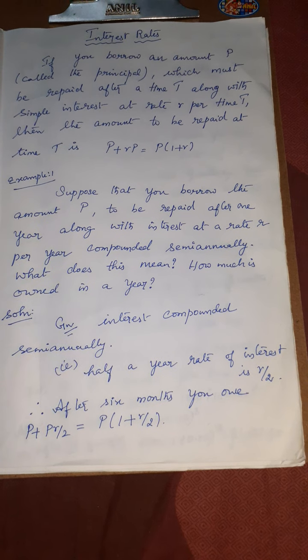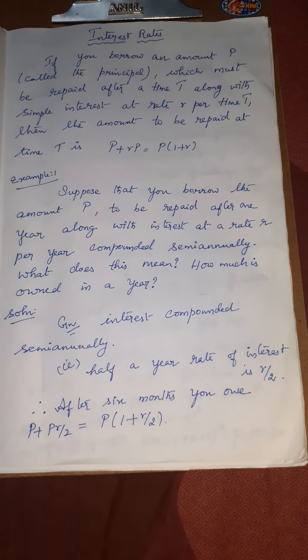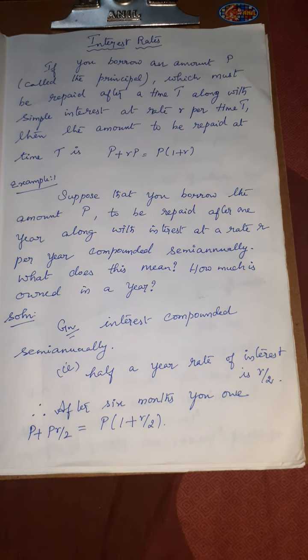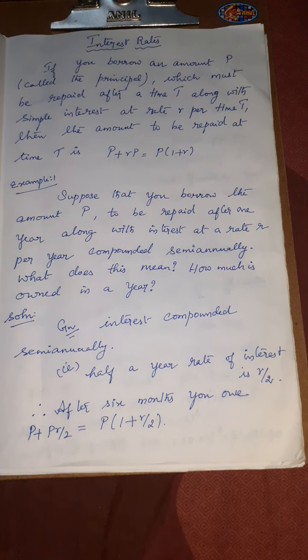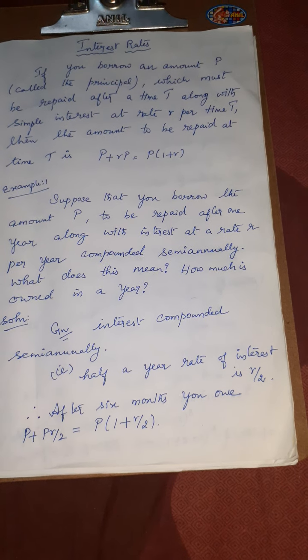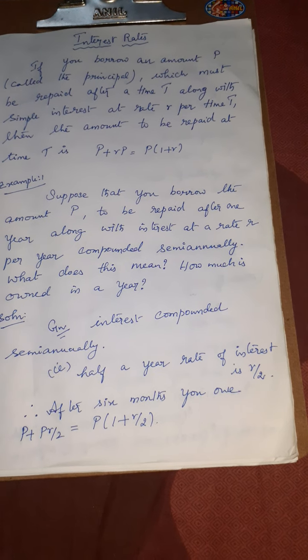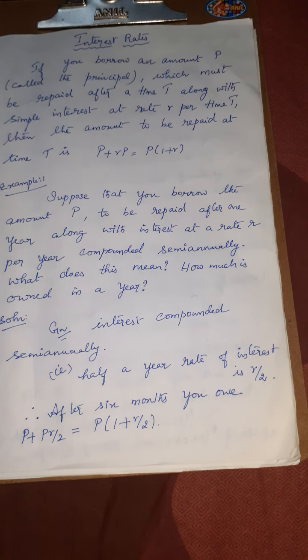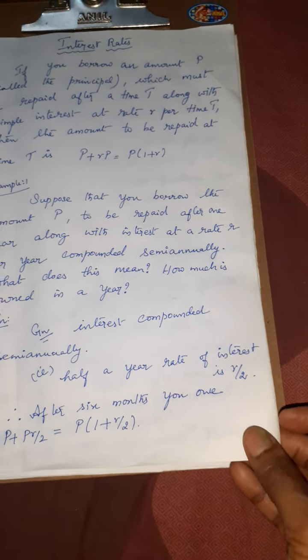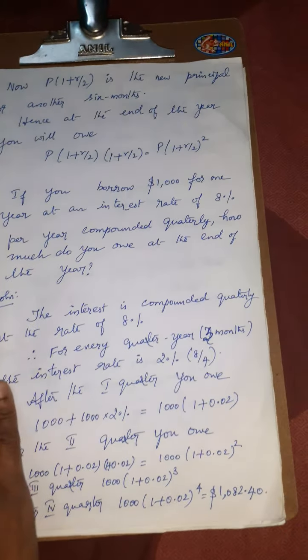After 6 months, the amount which we are going to pay is the principal amount P plus P into the interest rate, so P plus P into R by 2, which is finally P into 1 plus R by 2. This is the new principal amount after 6 months. Based on this, we are going to calculate the next amount.